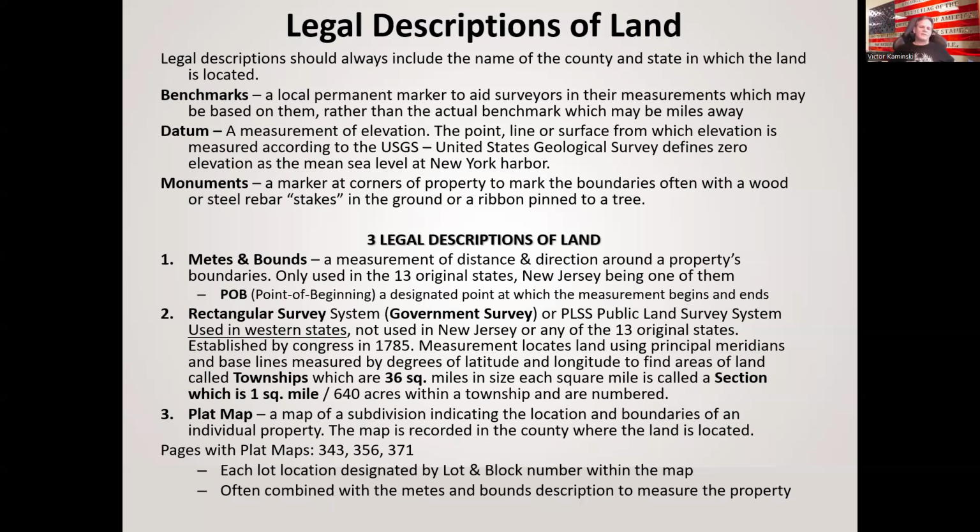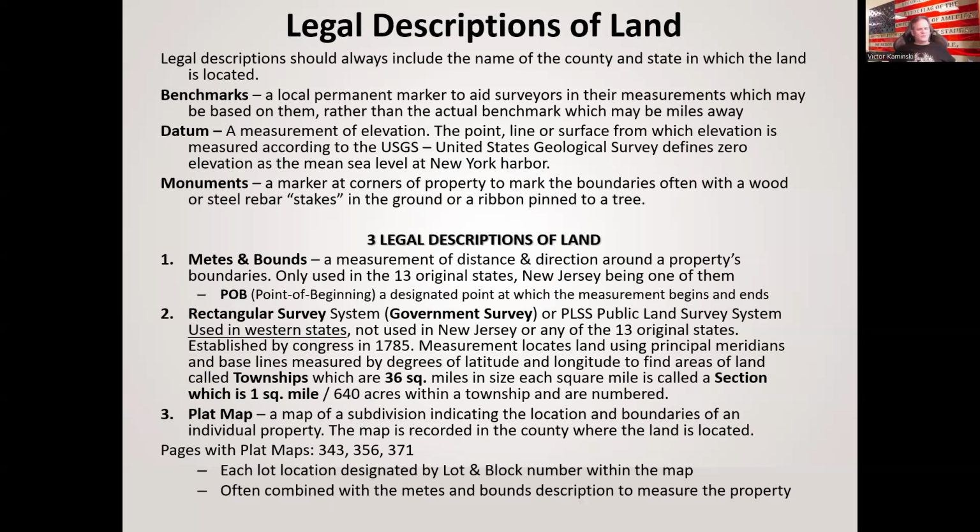A legal description of land used in Western states, either rectangular or government survey. A legal description of land created by Congress in 1785: rectangular or government survey. A legal description of land that locates areas using degrees of latitude and longitude and principal meridians and baselines: the rectangular or government survey.